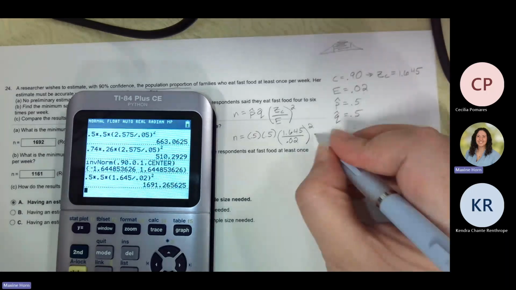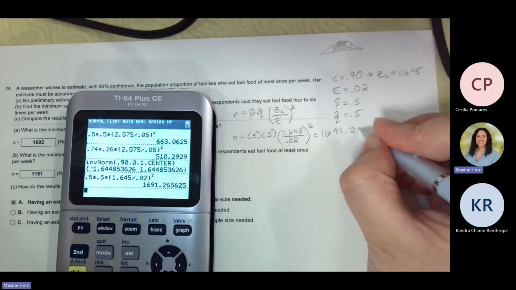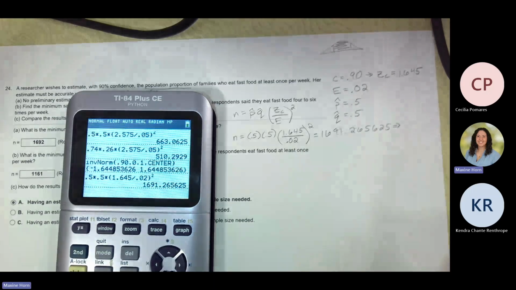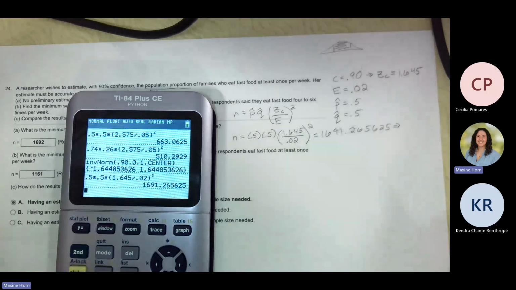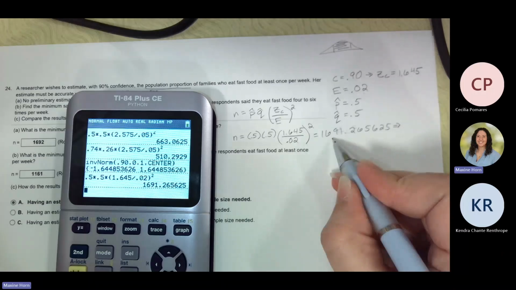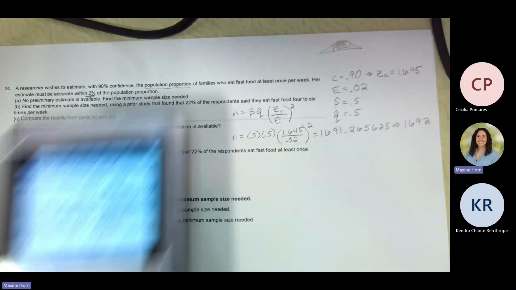Okay, so we get this number, 1691 and some change. And then we say, oh, right, this is supposed to be the number of people. I can't have a part of a person. This is the bare minimum number of people. So I can't go down to 1691. I have to go up to 1692.